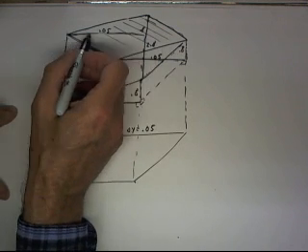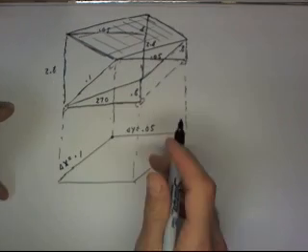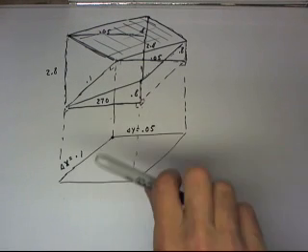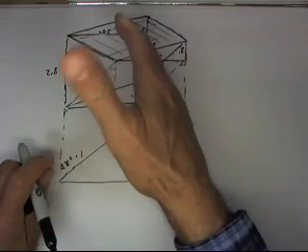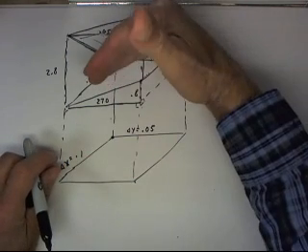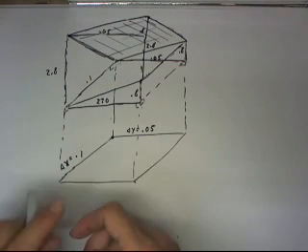So let's try to shade that like so. And we're actually kind of looking at this from underneath. This is like a roof that's sloped a little bit in this direction and a little bit in this direction as viewed from beneath.